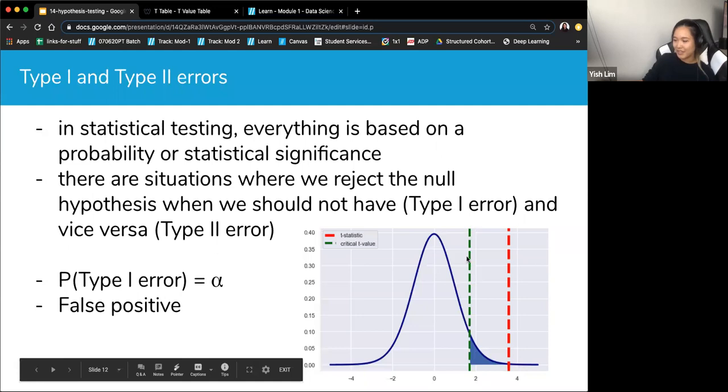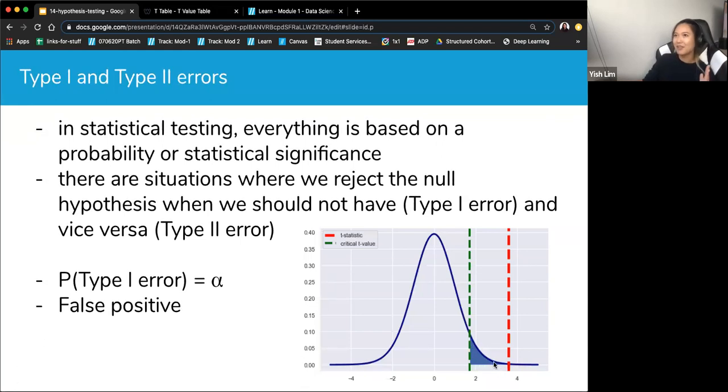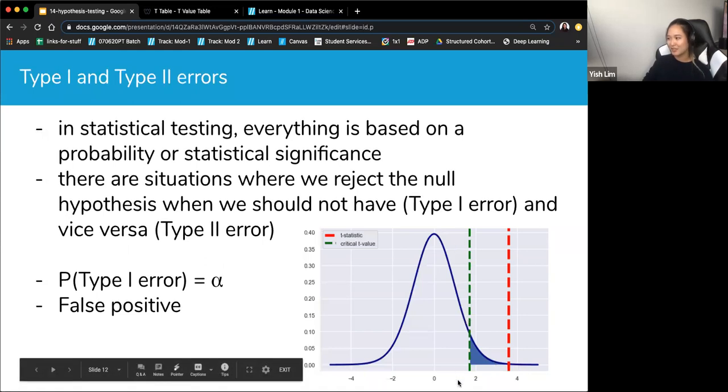The probability that you reject the null hypothesis when you shouldn't have is basically the probability of the curve to the right of that critical value. Does that make sense? So if this is your critical value, the probability of your t statistic being on this side of the line is the area under this curve here, which is usually 0.05 or alpha.